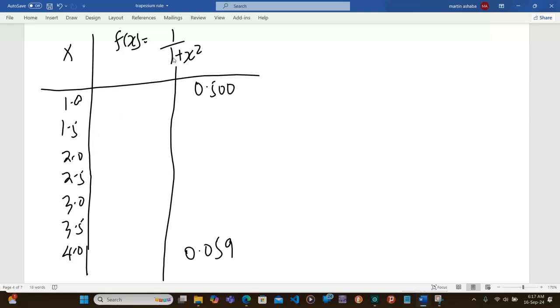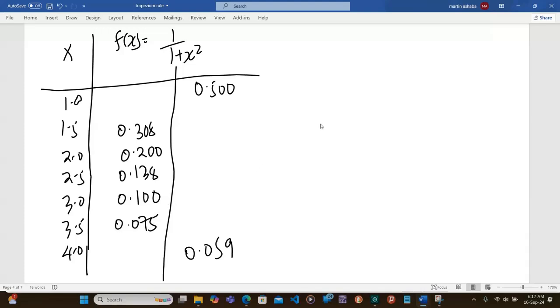If I get 1 plus 1.5 squared, then I take 1 over that answer. I'm going to run through that. So this is going to be 0.308, and this is going to be 0.200. The next one is going to be 0.138. The next one is going to be 0.100, and the 3.5 corresponds to f of x of 0.075.